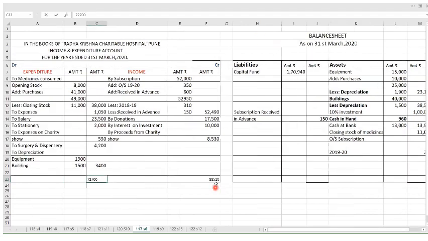So here we observe that the total of expenditure is less than the total of income. So there will be the surplus.